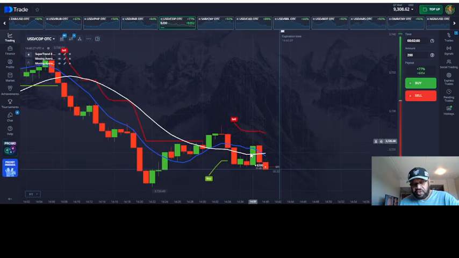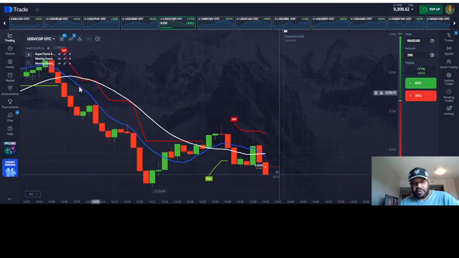Reason why I took the short is, if you notice here, there's a cross of the fast SMA and the white slow SMA line here at this level. Then the super trend indicator printed a sell signal. It printed a sell signal first, then waited for the cross, and also the fact that the candle closed below this buy level here.